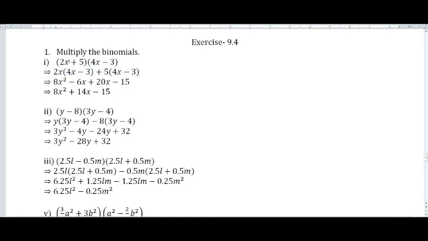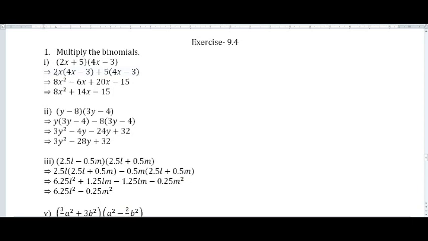We are going to multiply 2x with 4x minus 3 first, then after which 5 will multiply with 4x minus 3. And here we have put 2x outside the bracket, and we wrote 4x minus 3 inside the bracket, plus 5, and we write 5 outside and put 4x minus 3 again inside the bracket.